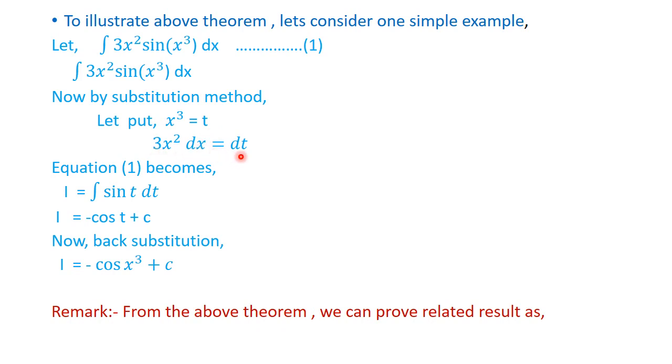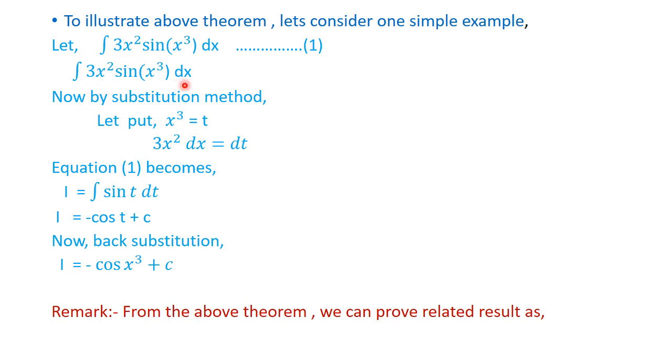Listen carefully. So we get now x cube is equal to t and 3x square dx is equal to dt. This is the first example, that's why I am explaining it. In further examples there is no need for such more explanation.